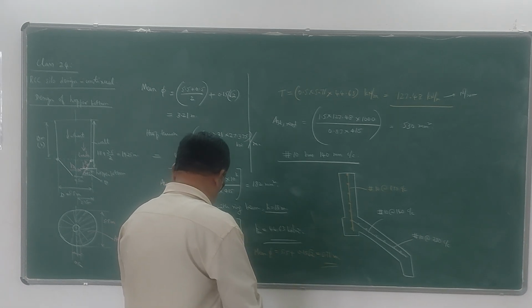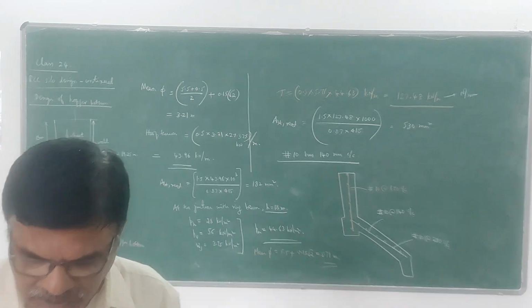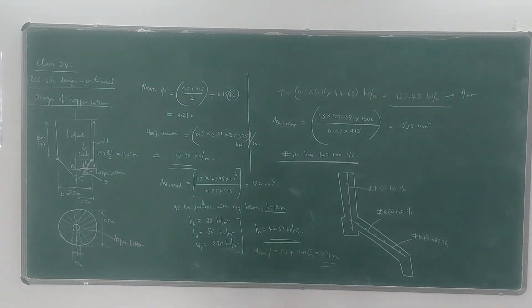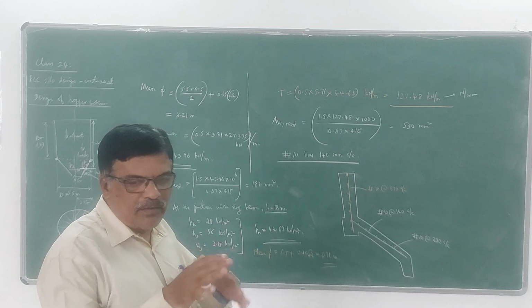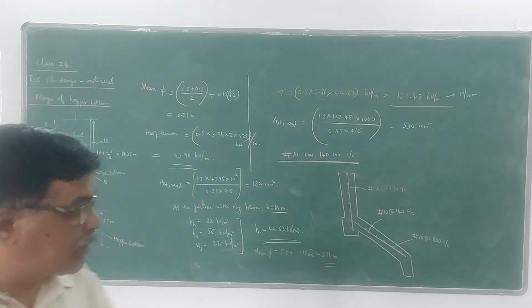So this is how the design of silo is done. We have to design the cylindrical wall as well as the hopper bottom. For that we have used Janssen's theory to calculate the horizontal pressure and vertical pressure acting on the wall as well as on the hopper bottom.